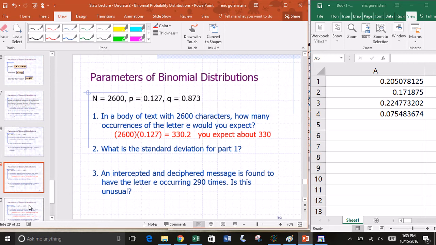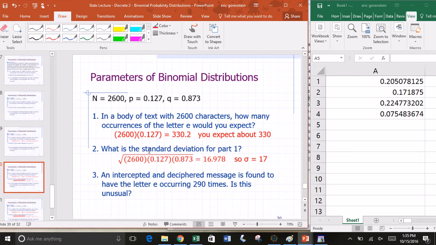Standard deviation, square root of n times p times q. So here, if our probability of success is 12.7%, probability of failure is the complement of that. So what's the standard deviation? Well, square root of n times p times q, which is about 17.